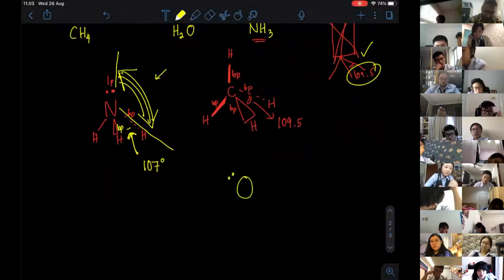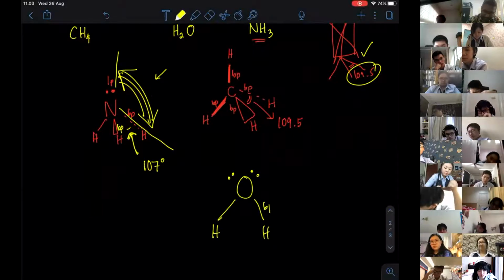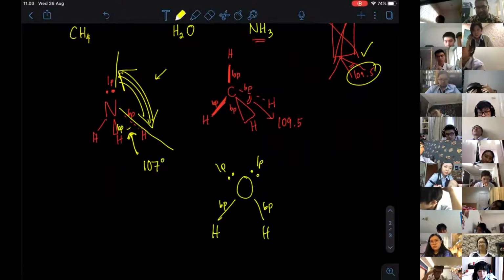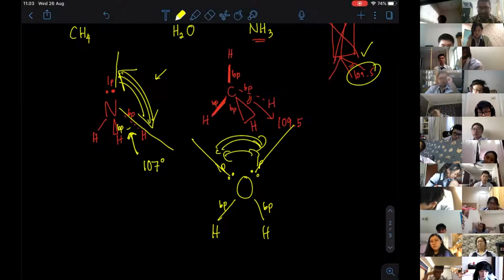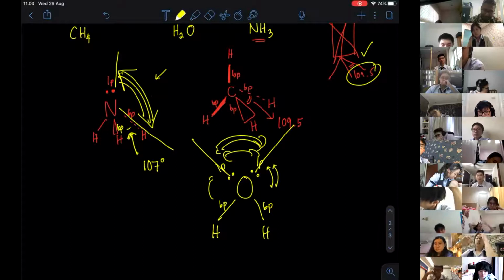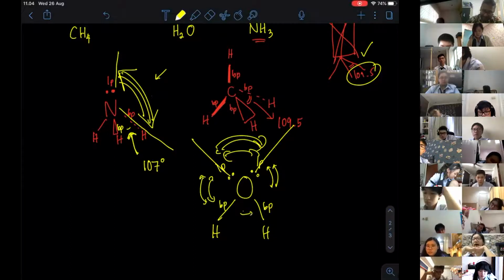Oxygen, 2 lone pairs, H, H. Bonding pair, bonding pair, lone pair, lone pair. We just learned that according to VSEPR, the lone pair and lone pair repulsion will be way bigger compared to lone pair and bonding pair, and this is going to be the weakest.